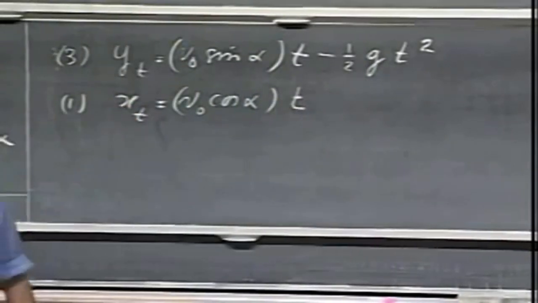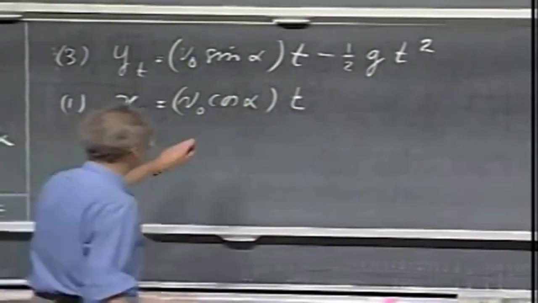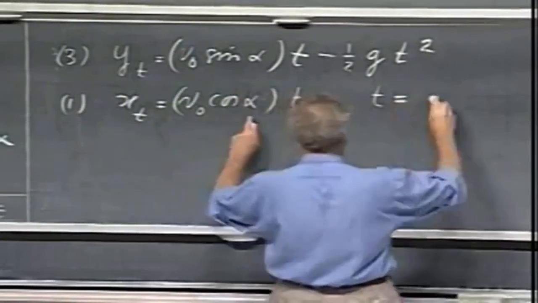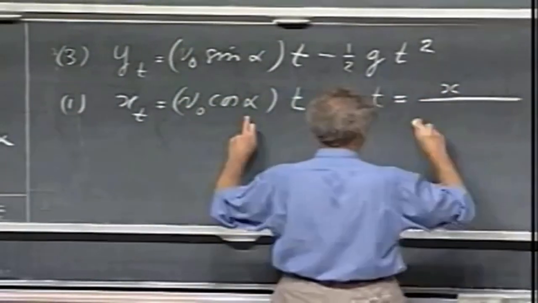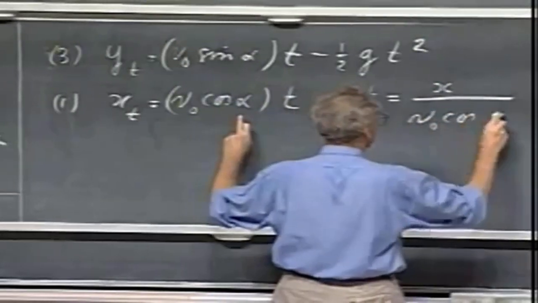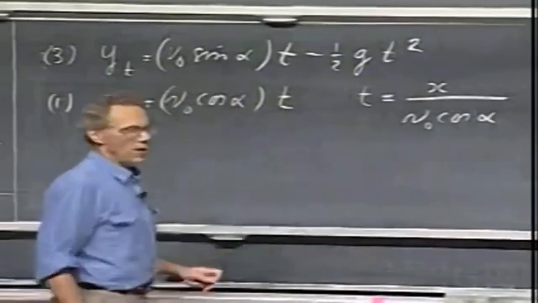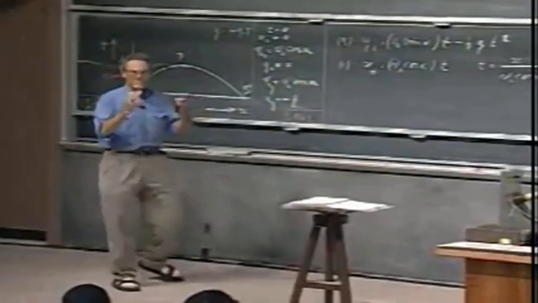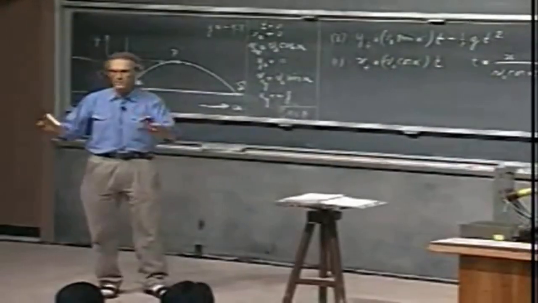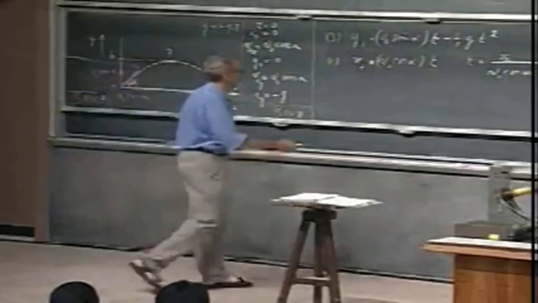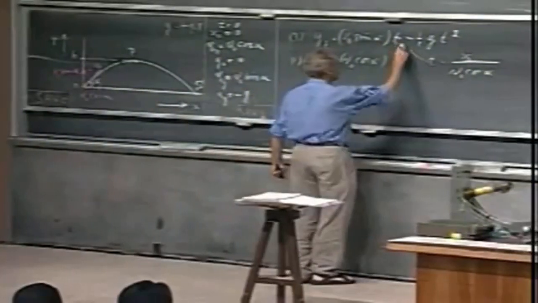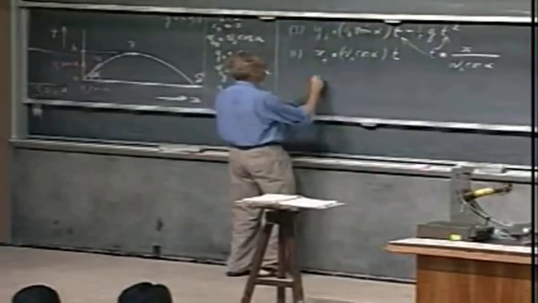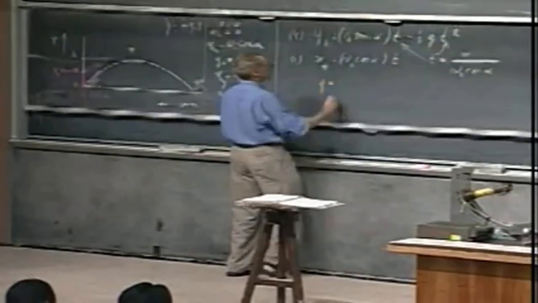Now I eliminate t, and the best way to do that is to write for t x divided by v0 cosine alpha. Now I can drop all subscripts t, because we're now going to see y versus x. We're going to eliminate t. So I'm going to substitute it in here and in there, and so I'm going to get y equals.